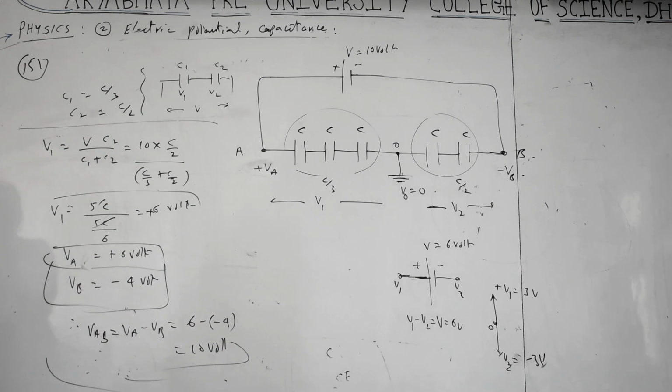I have taken them in imagination as a series combination, then calculated by the voltage division method with respect to that neutral point you are taking. Next, 152.